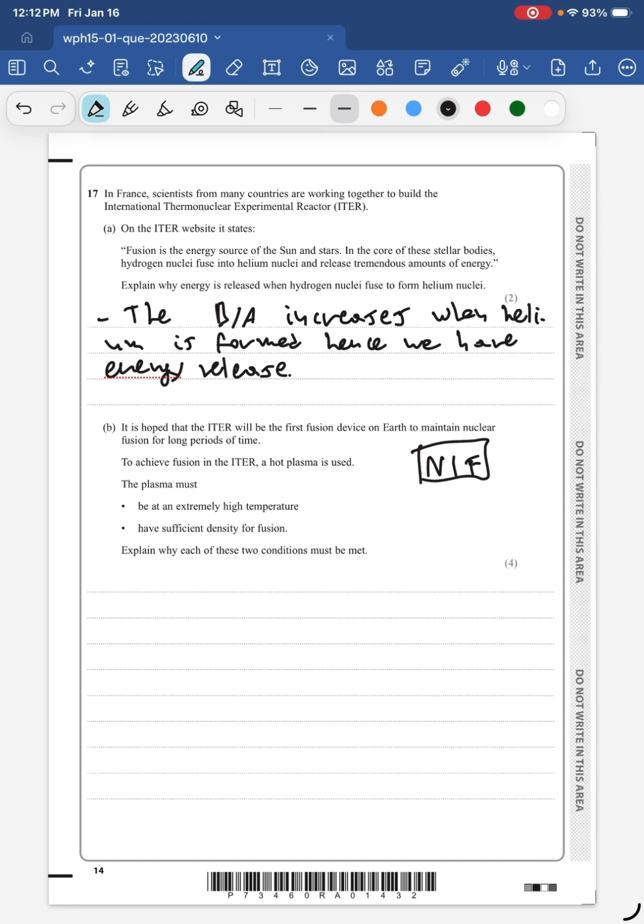Okay, to achieve fusion in the ITER, a hot plasma is used. The plasma must be at an extremely high temperature and have sufficient density for fusion. Explain why each of these two conditions must be met. So high temperature means high velocity and hence energy, right?